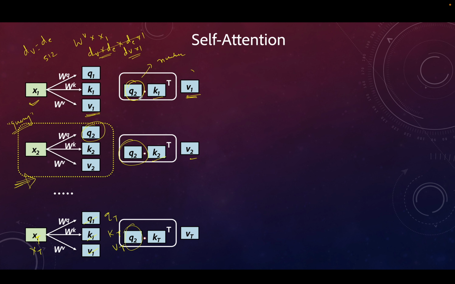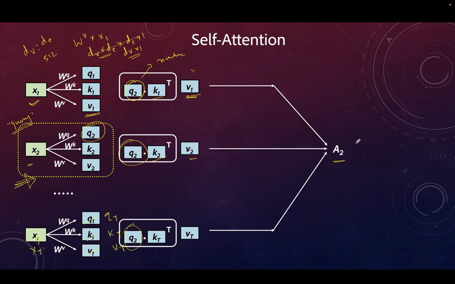We multiply the query with the key of all the tokens one by one, and with that dot product we multiply the corresponding values, and then we generate this A2, because we were looking at the second term in the sequence.